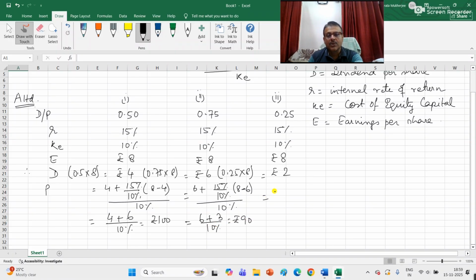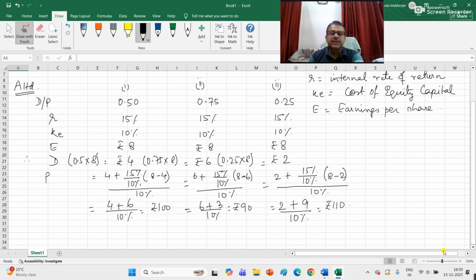And in the third situation, you will have 2 rupees as the dividend per share, 15% is R, the internal rate of return, 10%, then 8 minus 2 by 10%. So 2 plus 9 by 10%, you will get rupees 110.